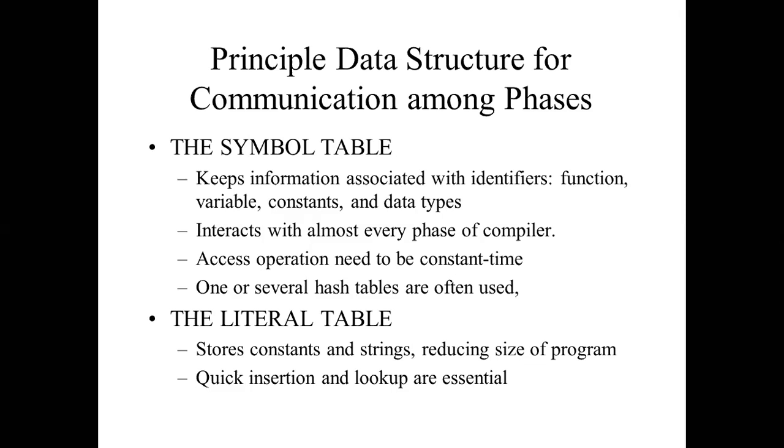So the symbol table provides interaction with all phases of the compiler. Access operations need to be constant time. So we can access any operation with the help of the symbol table, and one or several hash tables are often used. So there are hash tables which have connectivity with the symbol table.